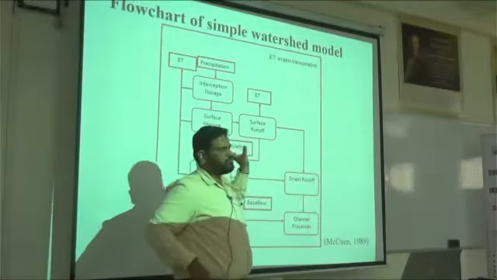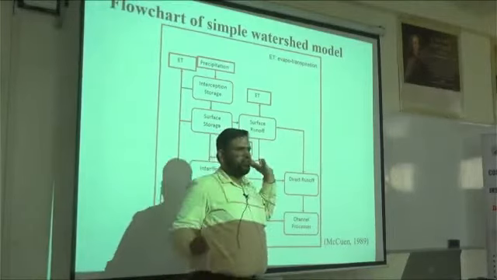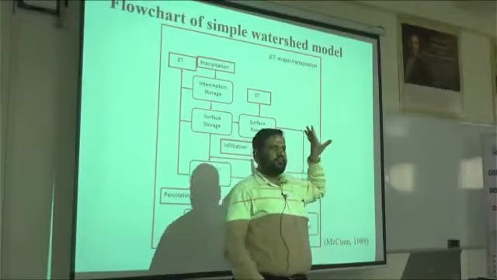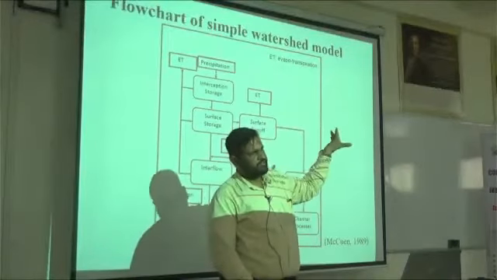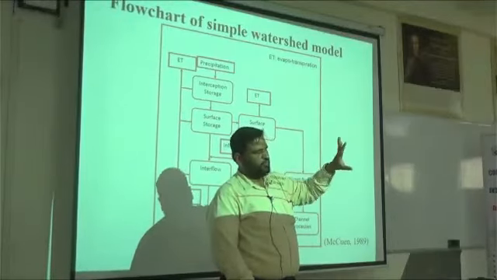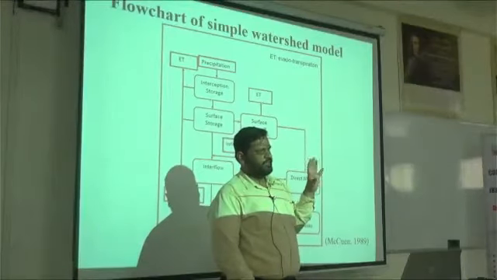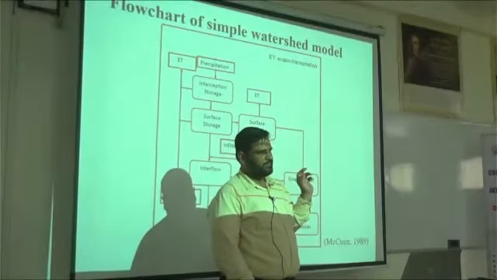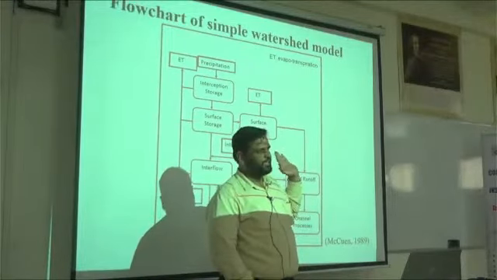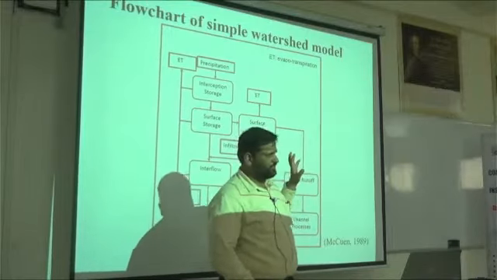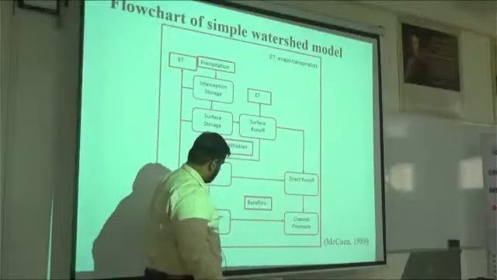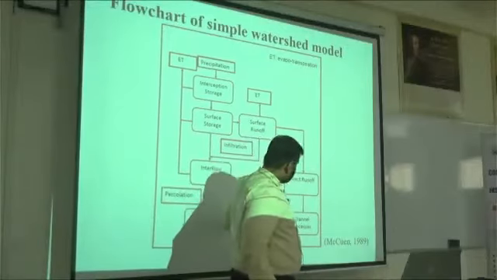That groundwater becomes your base flow, and then base flow again contributes to your surface runoff. Based on that, we divide our rivers into perennial or non-perennial rivers. You know how perennial rivers are getting water? Through the base flow only, throughout the year. Yes, in perennial rivers we get water throughout the year. The main source of water for perennial rivers is the base flow.